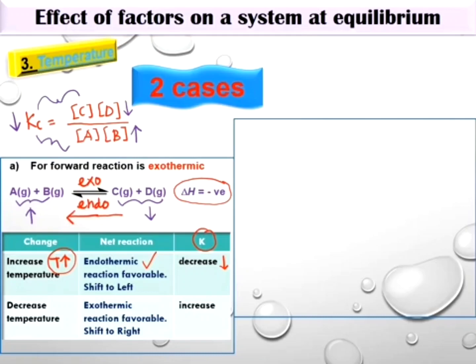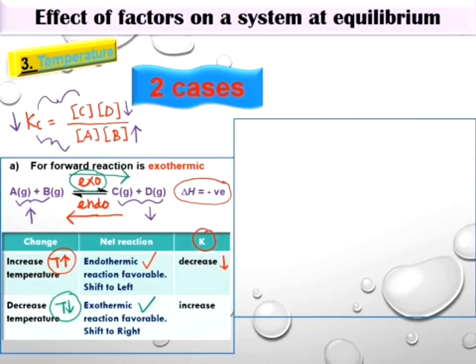Now kita tengok kalau we disturb the system by decrease the temperature. Sekarang sistem awak sejuk, kita sejukkan lagi. So bila kita sejukkan lagi, saya dah cakap tadi, kalau temperature decrease, dia akan cenderung pergi exothermic reaction. Sebab tu dia akan shift to the right, sebab shift to the right ni adalah exo. Nampak tak? Forward reaction adalah exo.